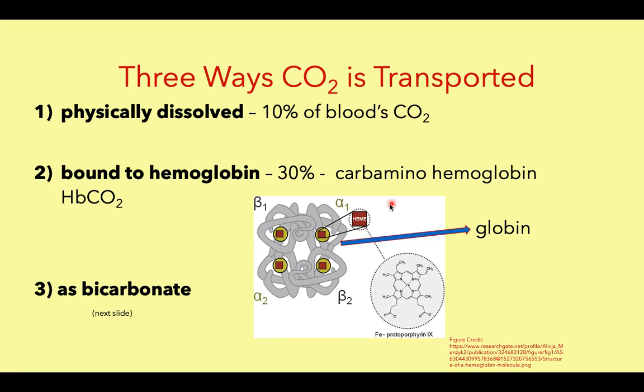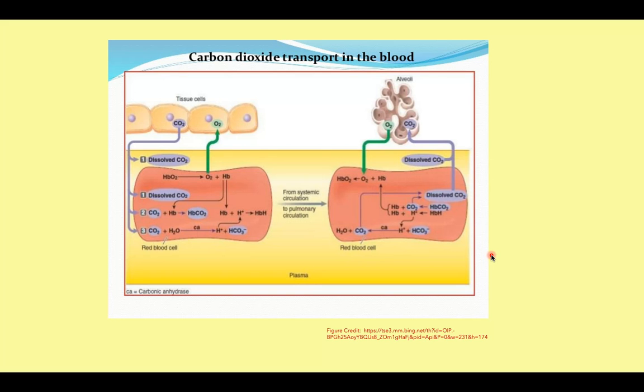Oxygen has a greater affinity for the heme, or I should say, heme has a greater affinity for the oxygen, whereas carbon dioxide binds to the globin portion. And if we look at this diagram here, we can see these three ways that CO2 travels, either dissolved or as the carbaminohemoglobin.